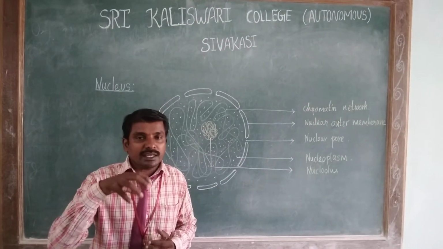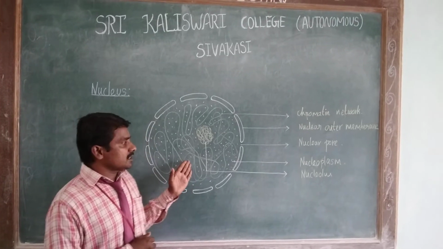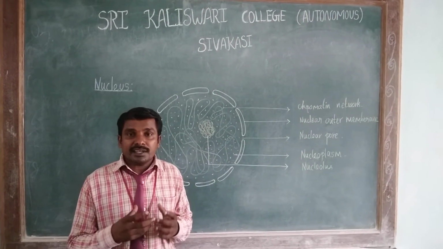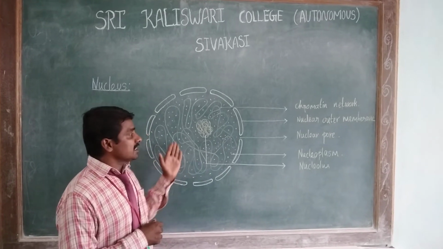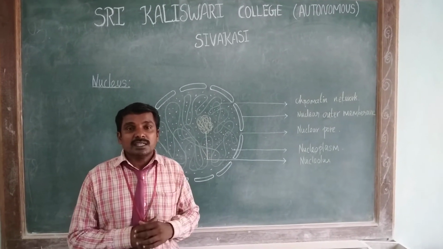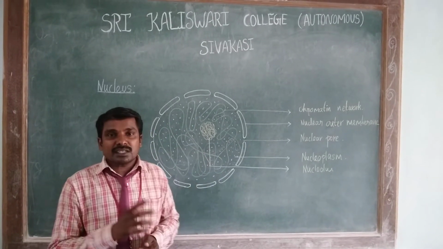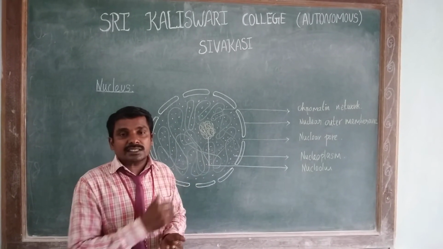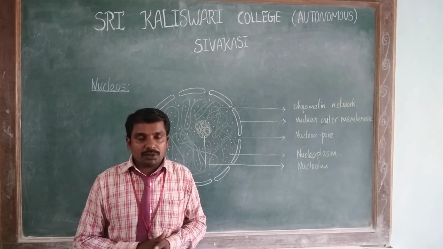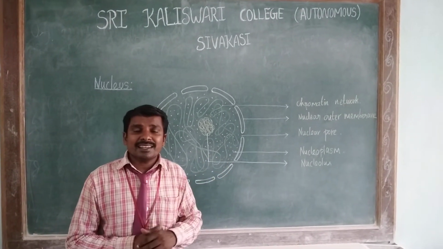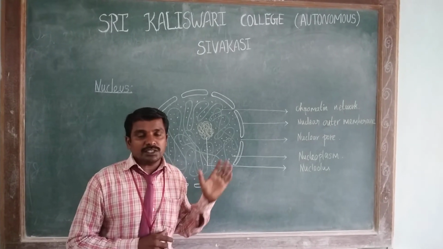In this nucleus, the genetic material, the DNA known as the chromatin network, is present, embedded or suspended in the nucleoplasm. This acts as the hereditary material of the nucleus.